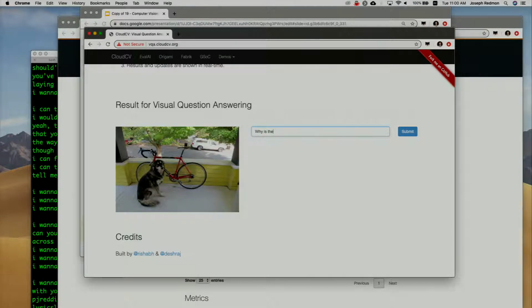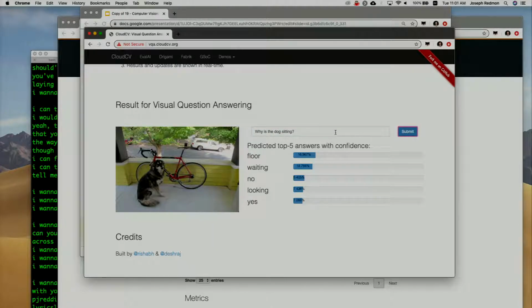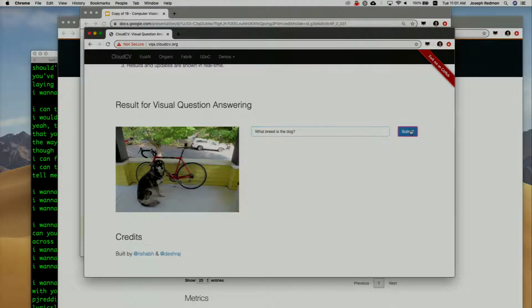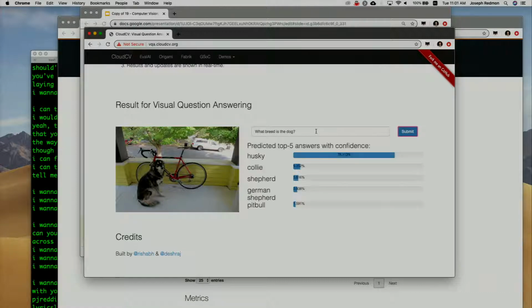Why is the dog sitting? Floor. Waiting's not bad. Where is the dog? Husky. Not too bad. But that's just a classification question. The harder questions are, what month is it is interesting.